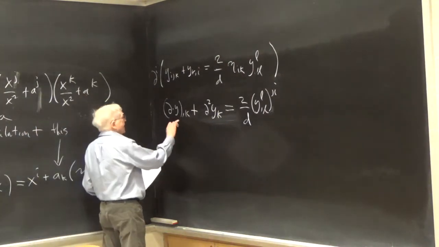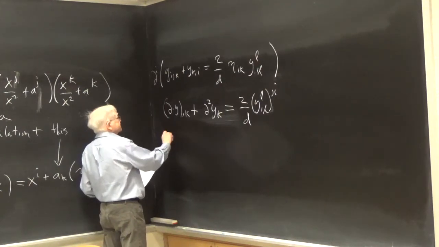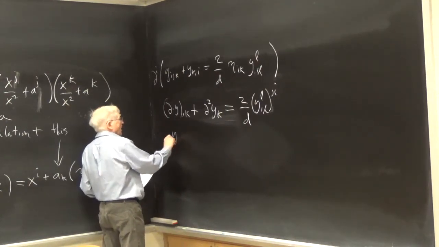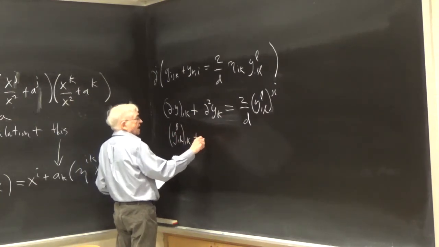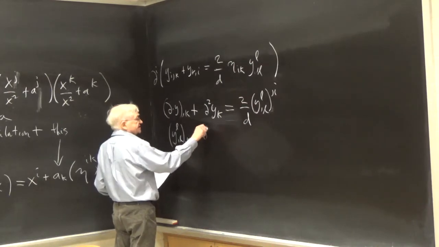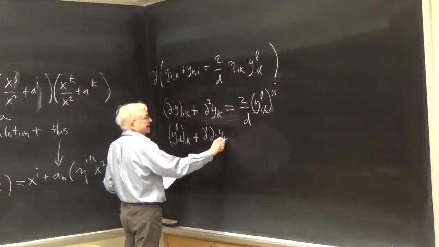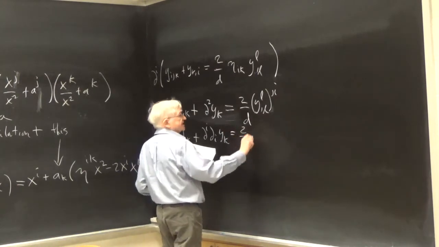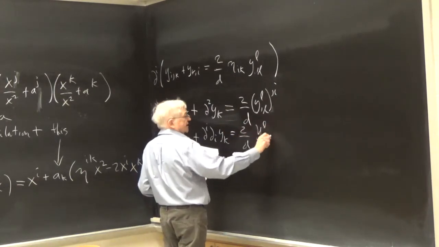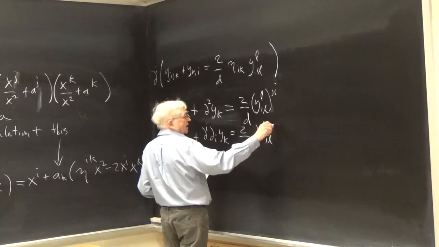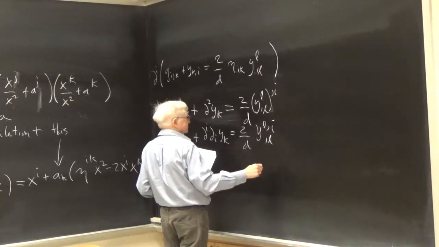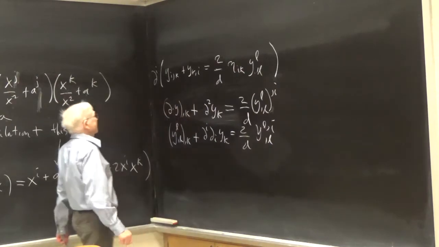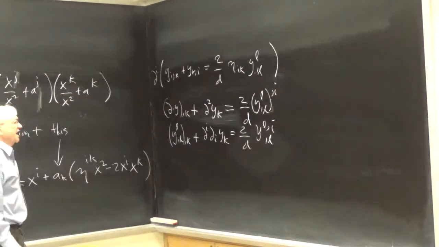Or if I rewrite this, this is yl comma l comma k plus di yk is 2 over d yl comma l. All right, I forgot the eta ik.